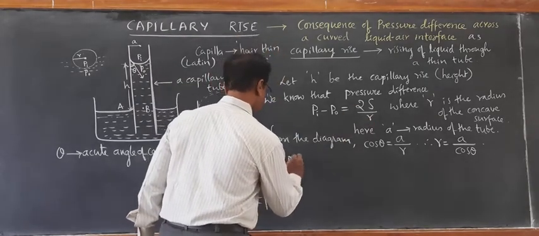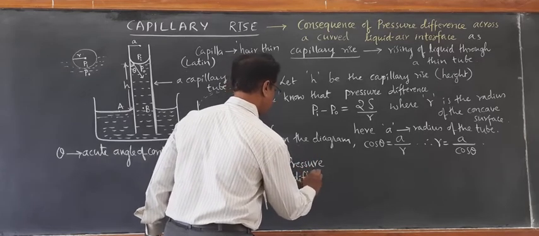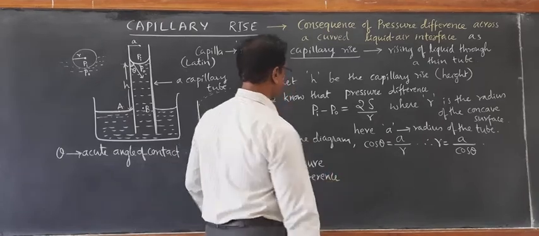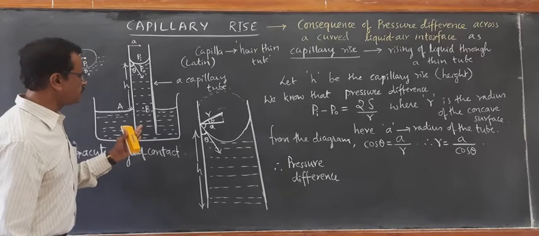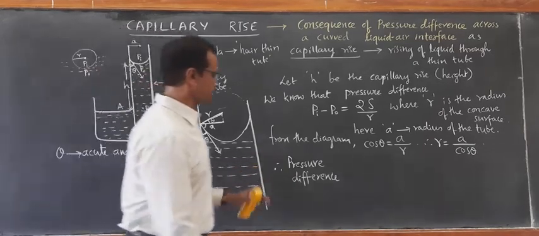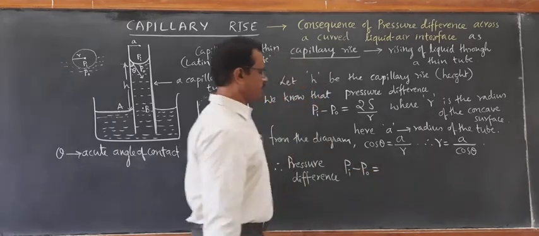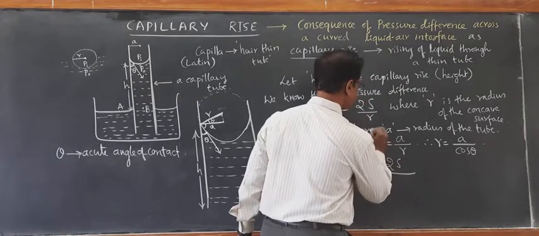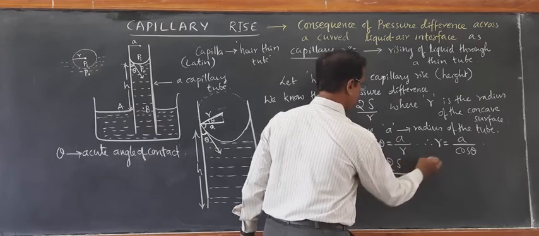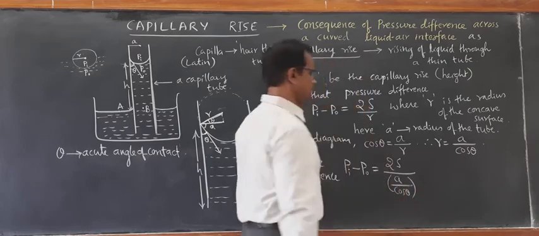Therefore, the pressure difference which causes the liquid to rise, which causes the capillary rise, that pressure difference Pi minus P naught, as a consequence of surface tension, is 2s upon R. So I can write R is equal to A by cos theta.